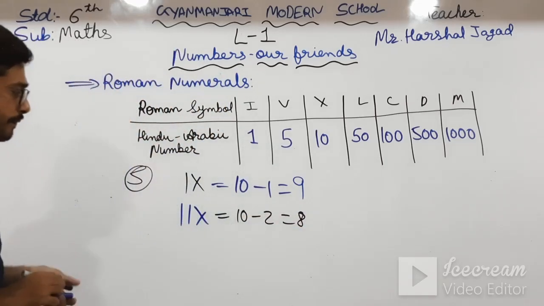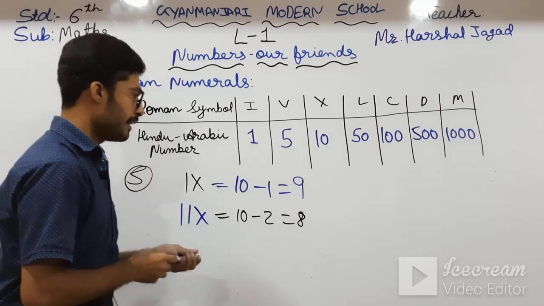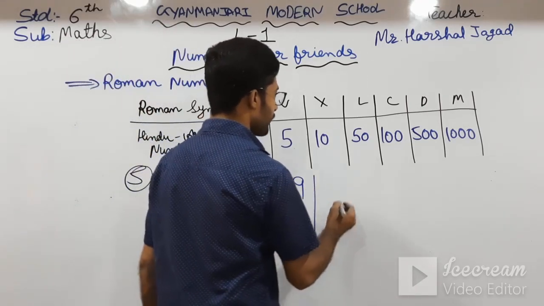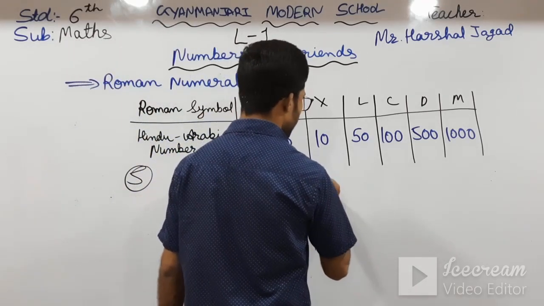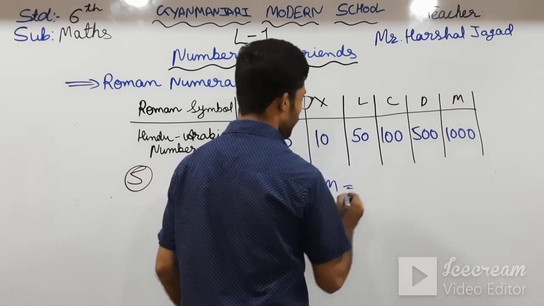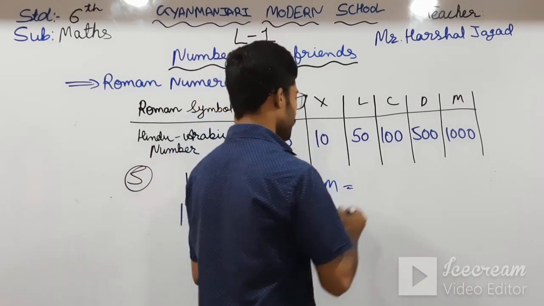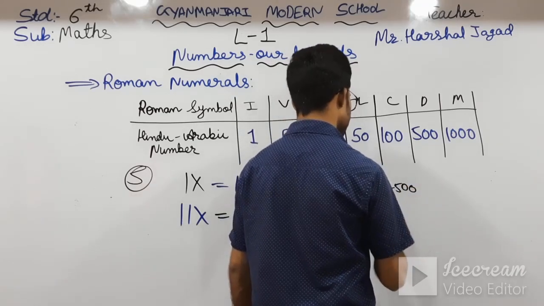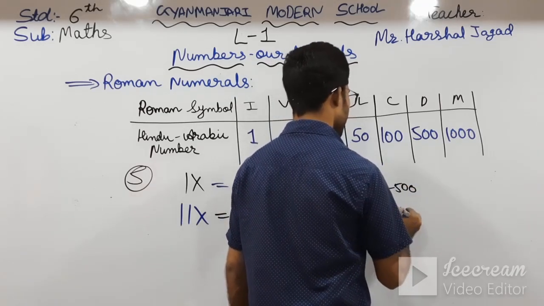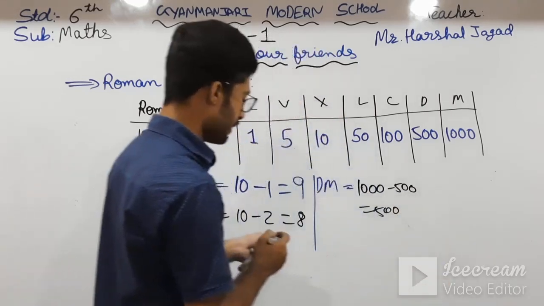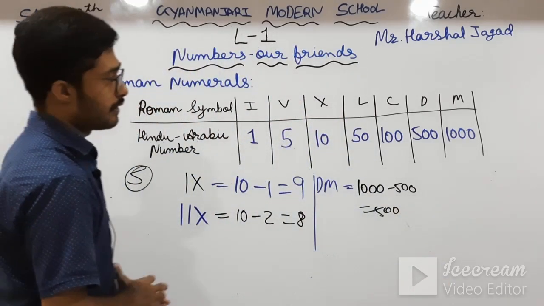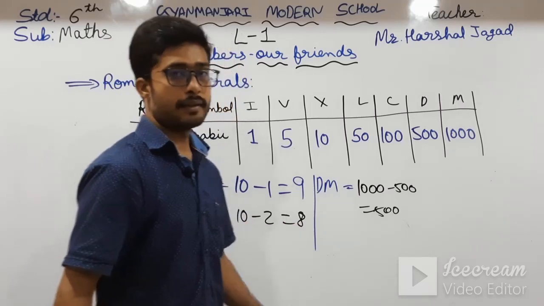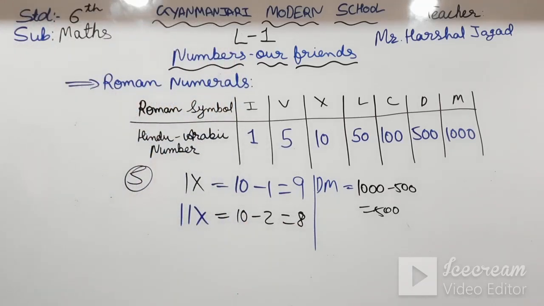Okay, students, this is 8. Next, what we can write? MD. So 1000 minus 500, that is 500. Okay, students, this is the rule number 5. Now rule number 6.